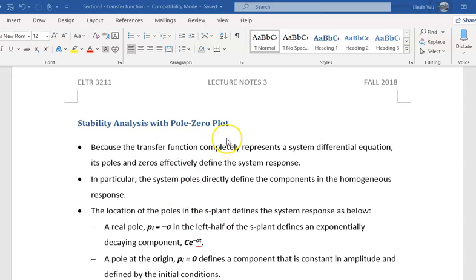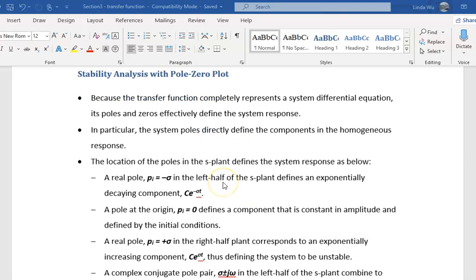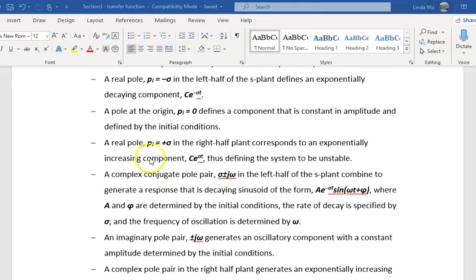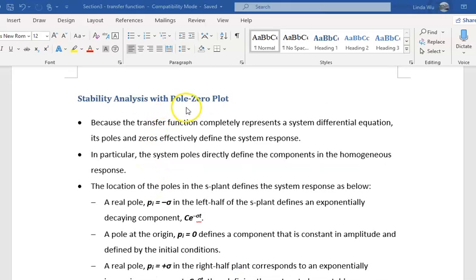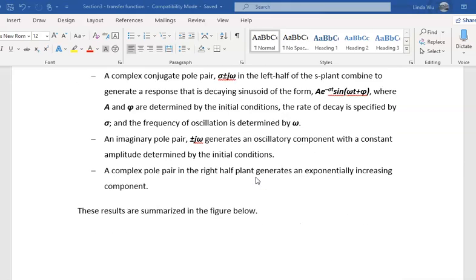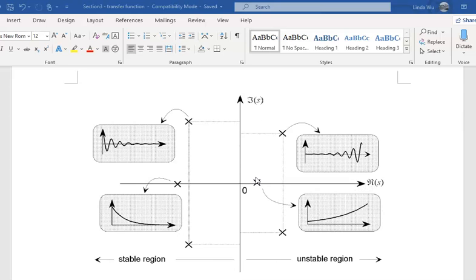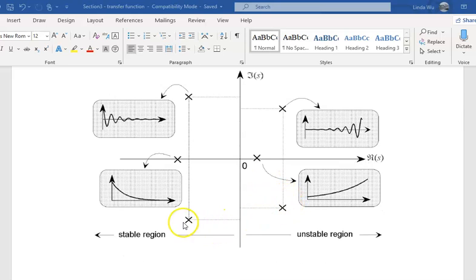And this one uses a zero pole plot. This one only talks about the effect of the poles on the system stability. It basically says if our poles are in the negative part, either a negative value or a negative pair of conjugate poles, then eventually it will reduce the oscillation to zero and become stable at some point.